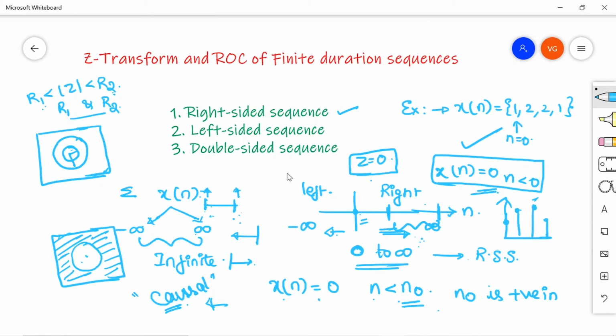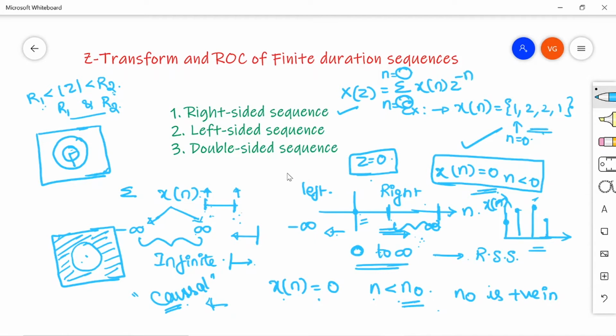So this is your x of n. Whenever you see such a type of signal, this is only a right-sided sequence. Then what about your X of z? As I have defined, X of z is the sum with n running from minus infinity to infinity. Here, depending upon the signal range, your n limits will change, of x of n, z to the power minus n.